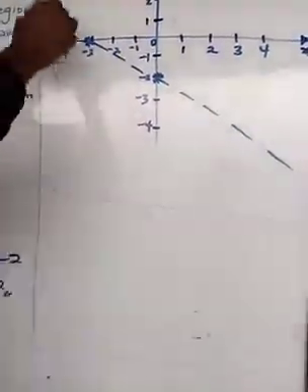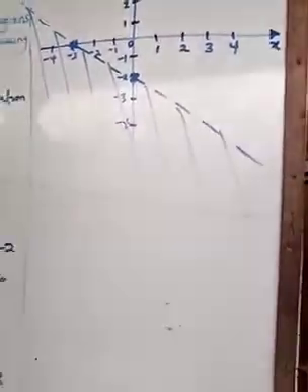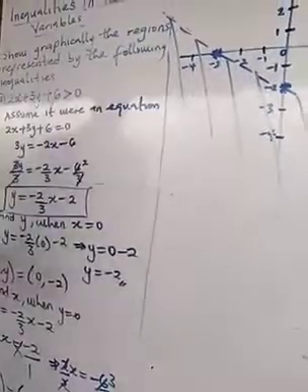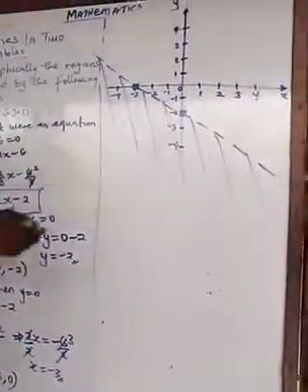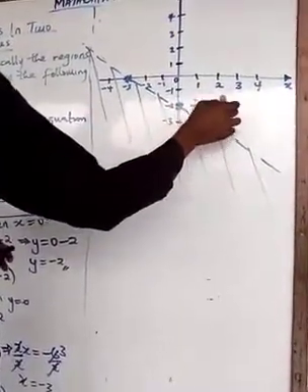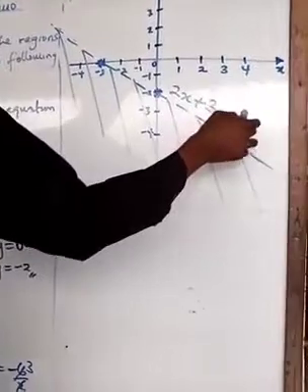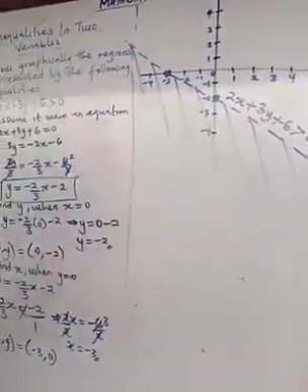So we are not interested in this part. The solution to this inequality lies above this line, so we write the inequality above that line: 2x plus 3y plus 6 greater than 0.